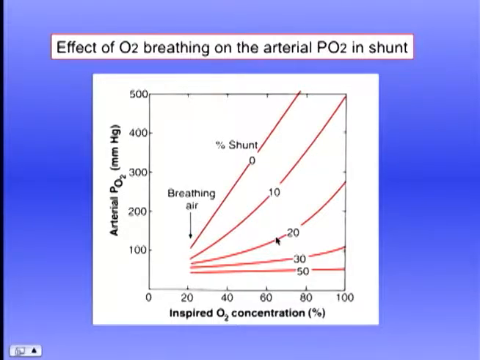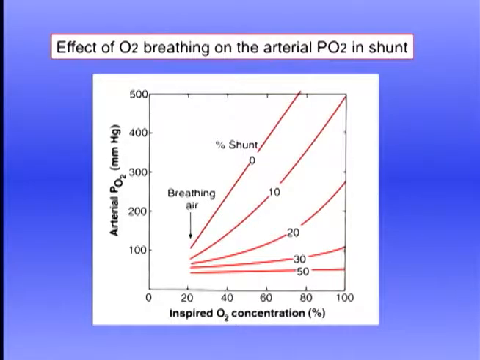So it's a mistake to argue, as sometimes is done, that giving oxygen to a patient with a shunt is of no value. It can raise the arterial PO2 to a significant extent. And of course, the reason it does that is not that the inspired oxygen increase is being seen by the shunted blood, but the oxygen concentration of the other blood, the non-shunted blood, is increased.